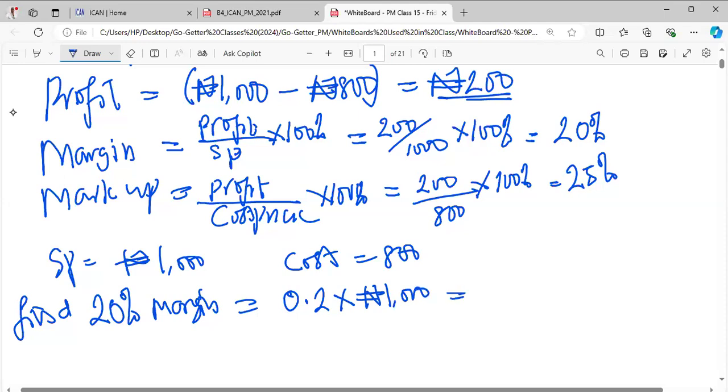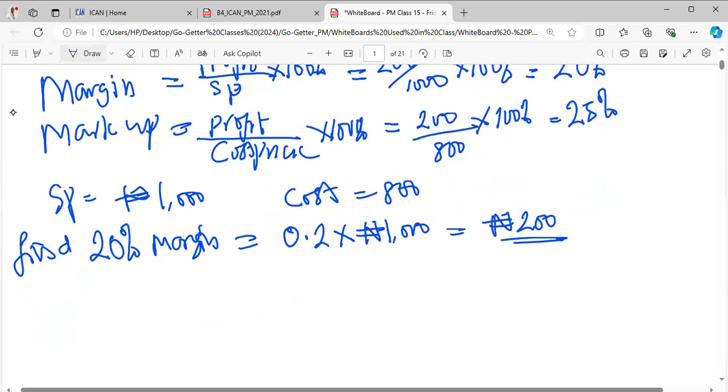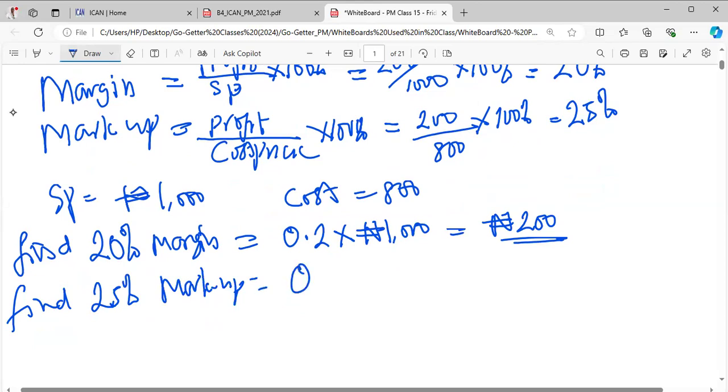That is your profit margin, which is 200. Now, if you are told find 25% markup, it's simply 0.25 times 800. That's 200 naira. So you see, markup and margin are two different things and two different percentages.